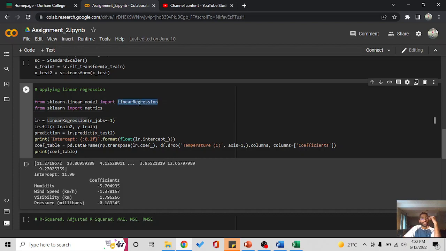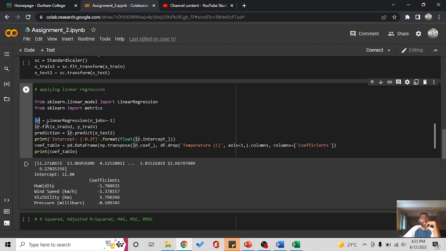We import the linear regression model from scikit-learn linear model. Then we import another package called metrics, from sklearn obviously, and we will be using this in the coming 5 minutes or so. And this is where we create a linear regression object.